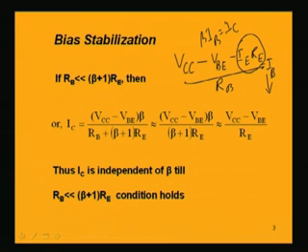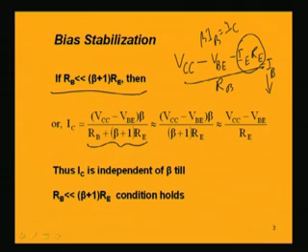But if we see the expression of IC carefully and maintain one particular criterion, that the resistance RB is very small compared to the beta plus 1 RE term, that can be designed accordingly. While designing the biasing scheme, if we make the base resistance very small compared to the whole expression beta plus 1 into RE, then we can write this expression approximately as VCC minus VBE into beta divided by the whole summation.